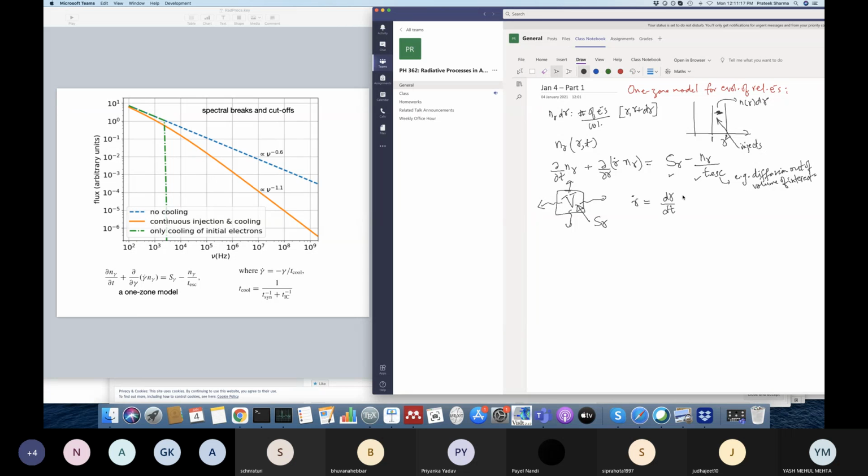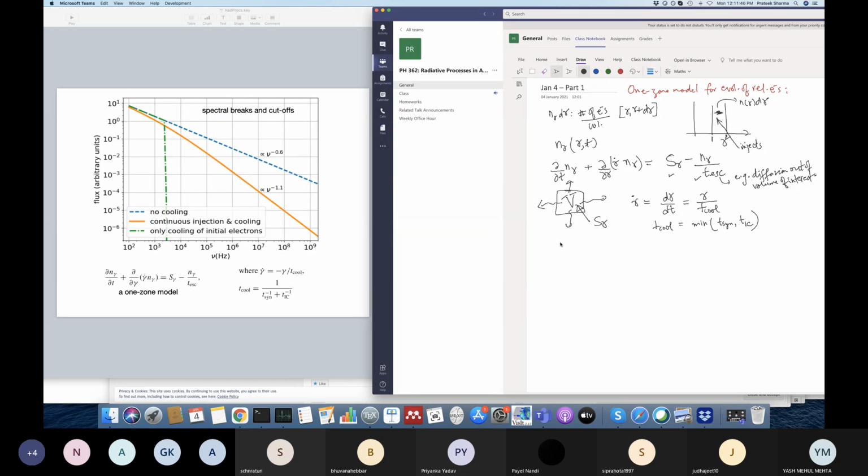And this is just related to the cooling, which is equal to γ divided by t_cool, right? And you can have cooling of these electrons due to synchrotron losses and inverse Compton losses. So you can have t_cool equal to the minimum of t_sync and t_inverse Compton.